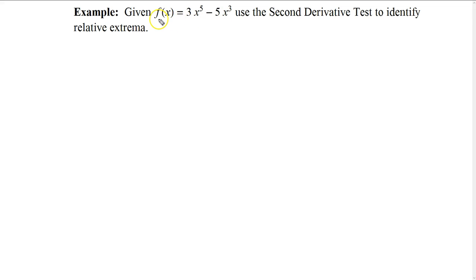Now here we're given the function 3x to the 5th minus 5x cubed, and we want to use the second derivative test to identify relative extrema. So the first thing we need to do is find where we have potential relative extrema. So that means we want to find where the first derivative is equal to 0 or does not exist.